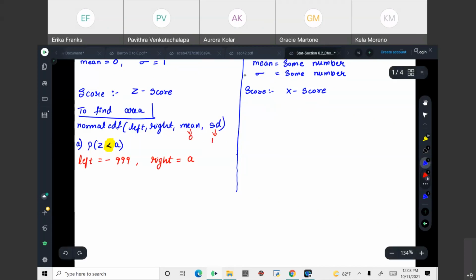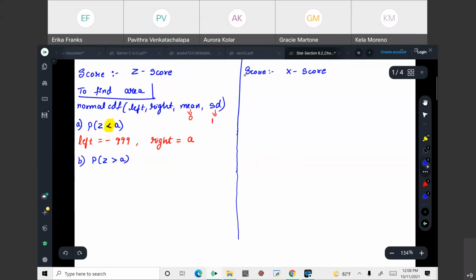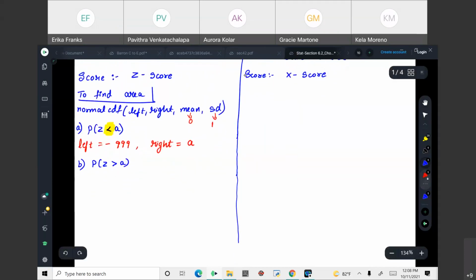Fine. Now, what will happen if it is greater than A? Then your left score will be the number given in the problem, and your right score will be positive 999.